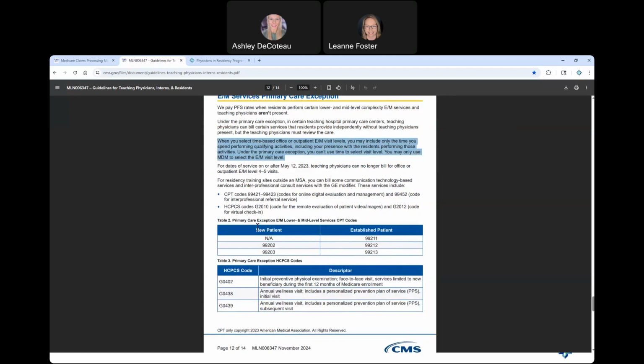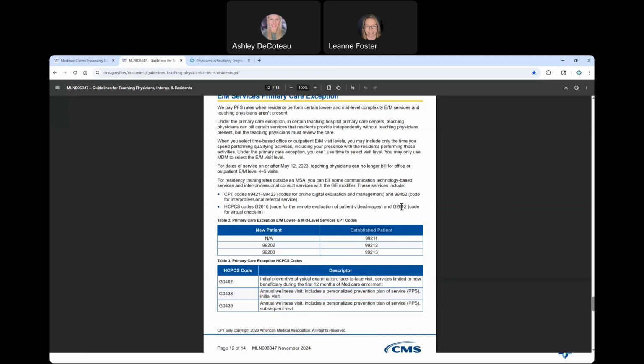Here we have the new patient and the established patient codes for evaluation and management services that are acceptable under the primary care exception. Now notice in the chart below that we also have annual wellness visits, and these codes were not listed on your slide since our focus today is evaluation and management, but I wanted you to know this was here and that these annual wellness visits are also acceptable under the primary care exception.